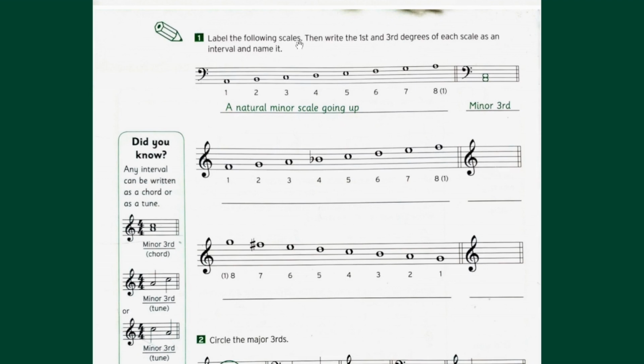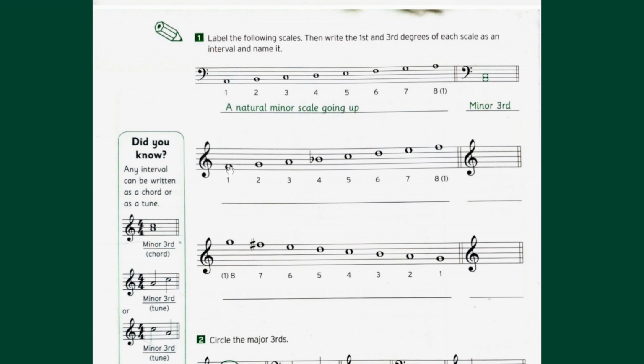Label the following scales, then write the first and the third degrees of each scale as an interval and name it. So the first one has been given as an example to you. Let's take a look at the second one. Now clearly you can see this scale is an F major scale because it starts on F, and we have the key signature of F major, which is a B flat here.